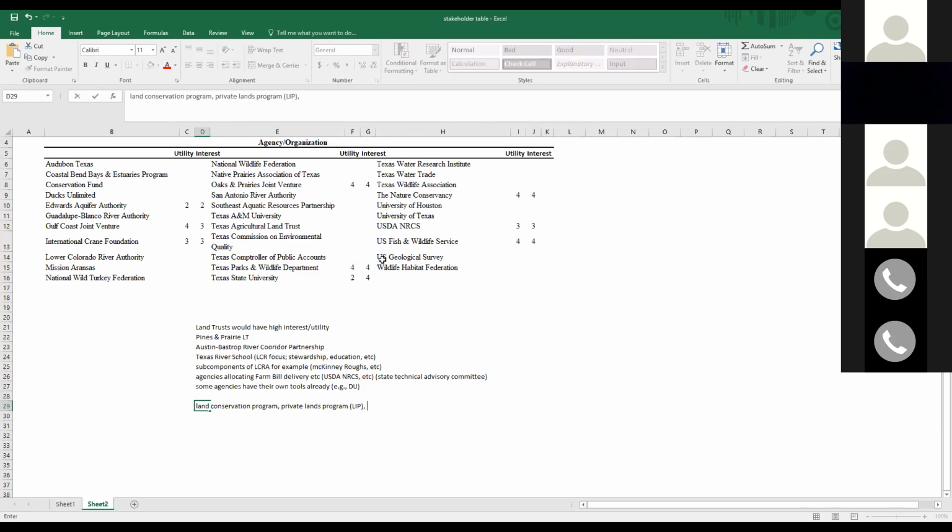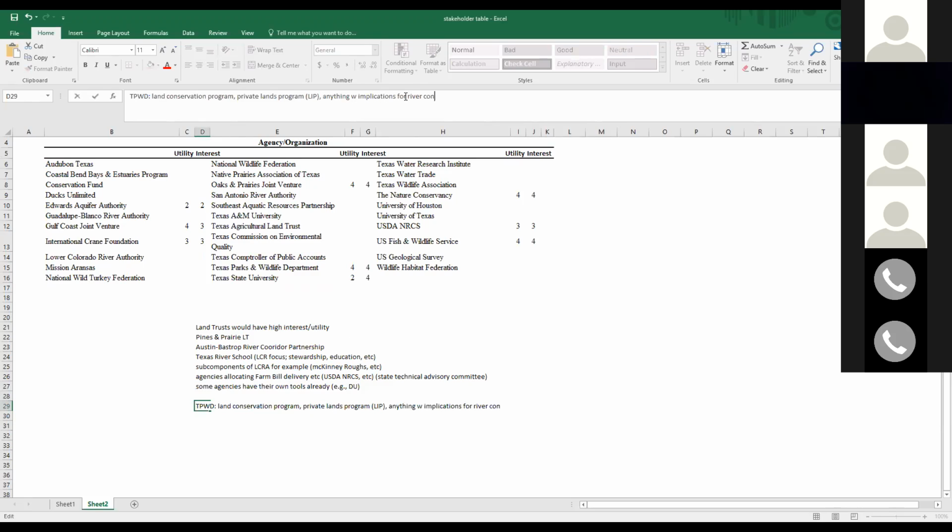Cindy can add to it, but in general, anything that has implications for river conservation, watershed conservation, Cindy's group's going to be interested.